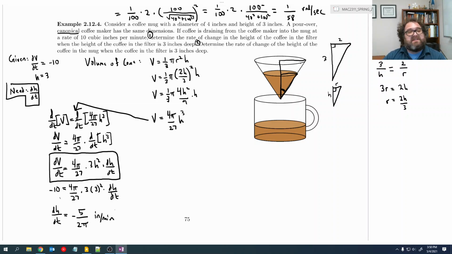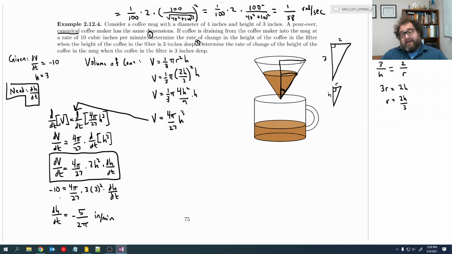Question 2 is easier as long as you recognize one special feature about a cylinder. So determine the rate of change of the height of the coffee in the mug when the coffee in the filter is 3 inches deep. Now here's what you've got to realize. All we really care about is that the coffee is draining at a constant rate of 10 cubic inches per minute into the mug.